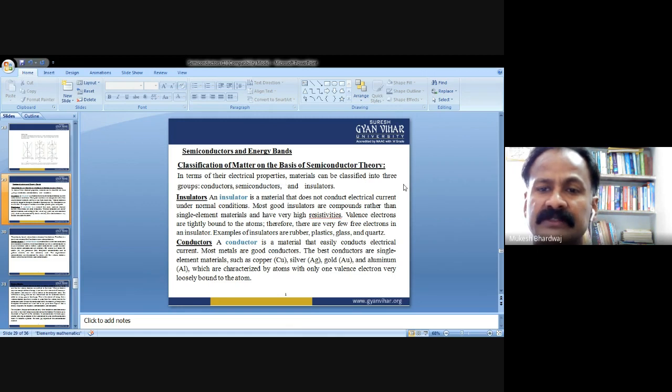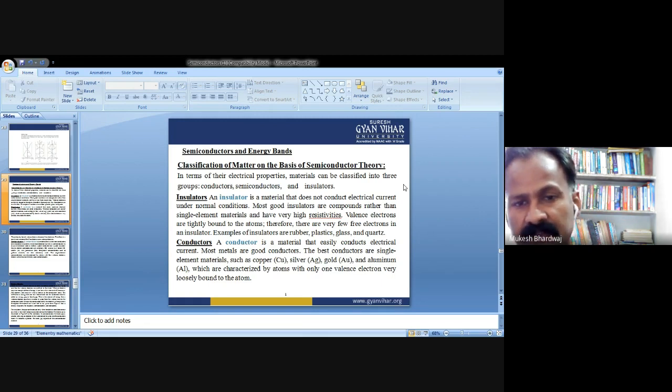Most good insulators are compounds rather than single element materials and have very high resistivities. Valence electrons are tightly bound to the atoms. Therefore, there are very few free electrons in an insulator. Examples of insulators are rubber, plastic, glass, and quartz.